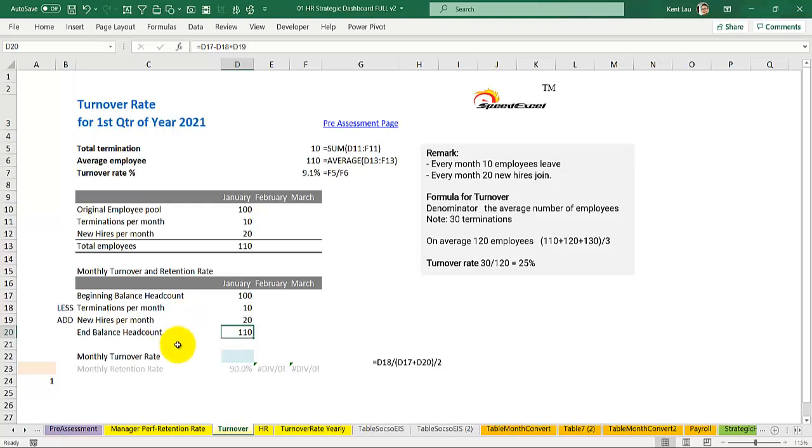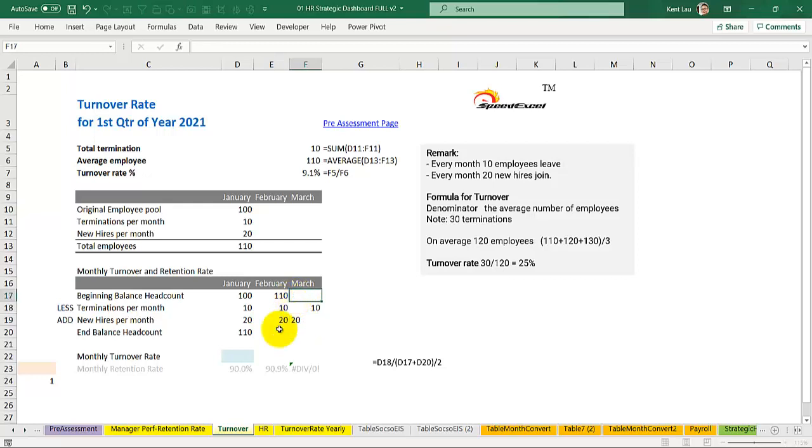Alright, so the next thing is that on average it's 120 employees. How do you get that 120? Well, if you just do a calculation, you can see it right here, and because it's always 10 and it's always 20, that's quite constant.